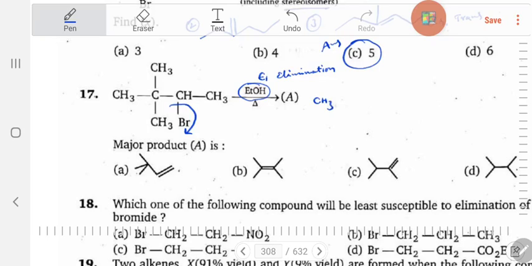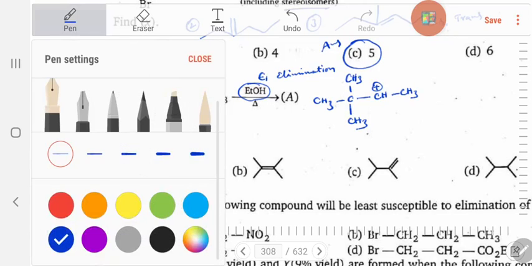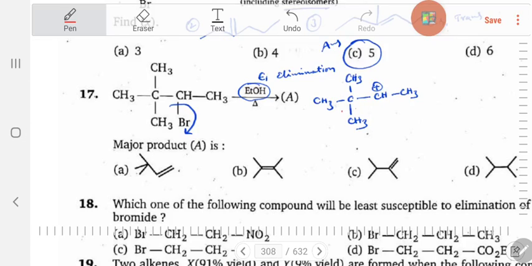So the obtained carbocation is this. Now the carbocation will undergo rearrangement because you will get a more stable carbocation. This is a secondary carbocation. Now when there is a methyl shift, if this CH3 is shifted from here to here, right?